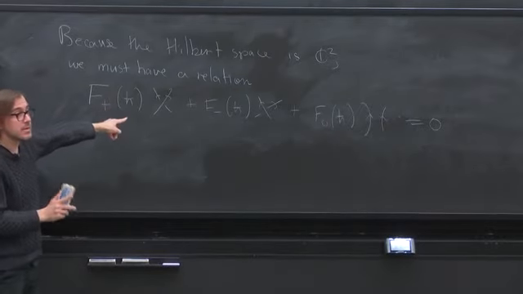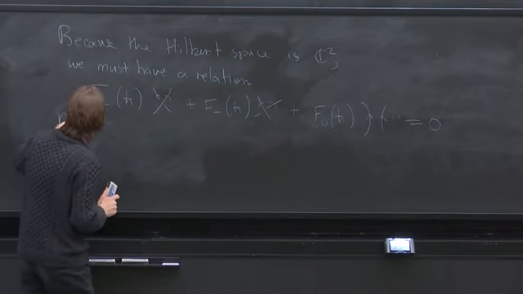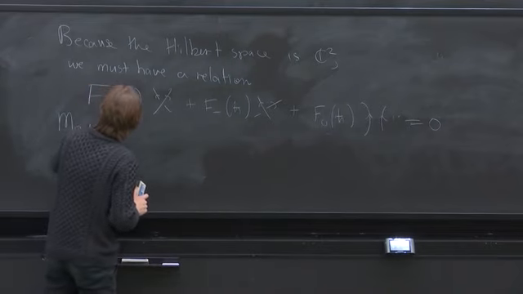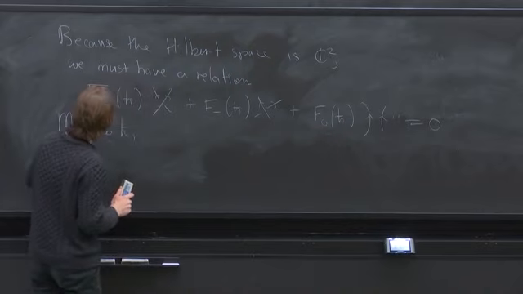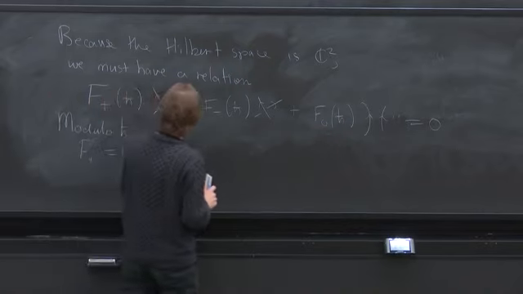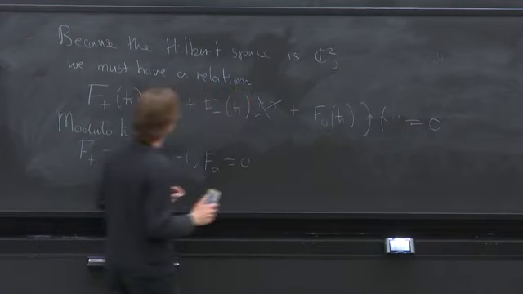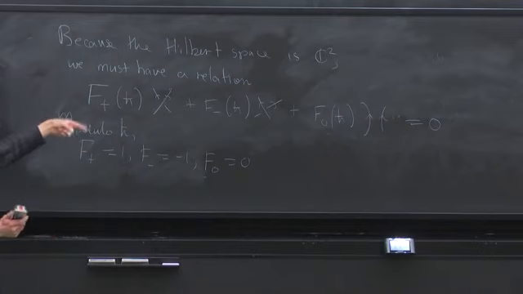To leading order, modulo h bar, F plus is equal to 1, F minus is equal to minus 1, and F0 is equal to 0. But there are going to be quantum corrections to this, and we can compute the first quantum correction next time.